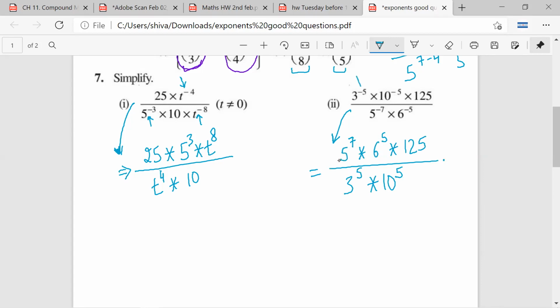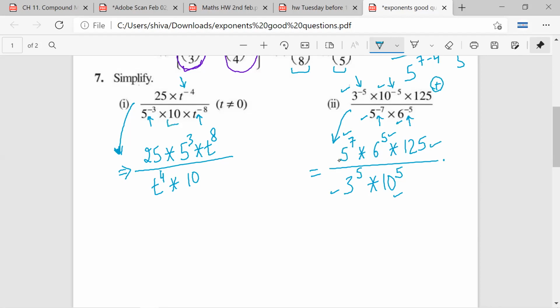Basically, I don't like negatives. And because I don't like negatives, I know that all that a negative power will do is take the numerator into the denominator and the denominator into the numerator. And this anyway had a positive power, so it remains where it was.